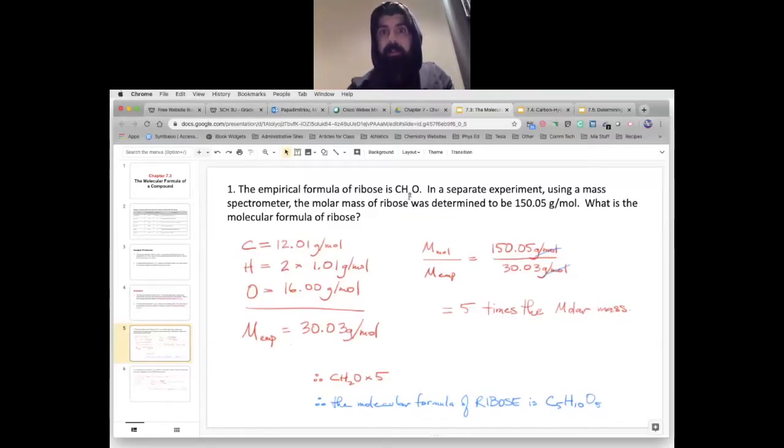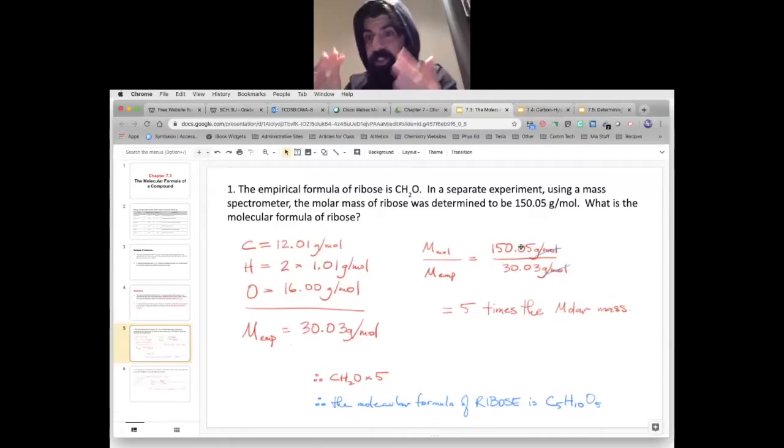But right now, if this happens to match the molar mass of this, then they're the same. But in this case, they're not, because we found here the molar mass of the empirical, and up here we've got the molar mass of our molecular formula. So we take the molar mass of the molecular and divide it by the molar mass of the empirical.